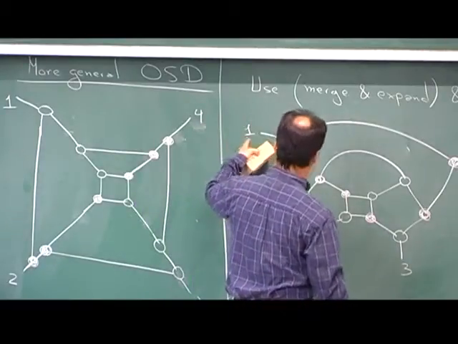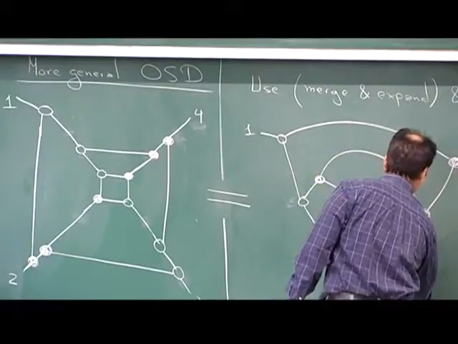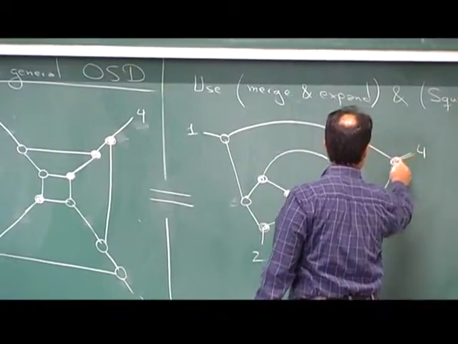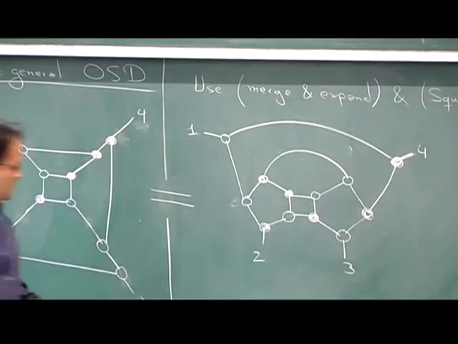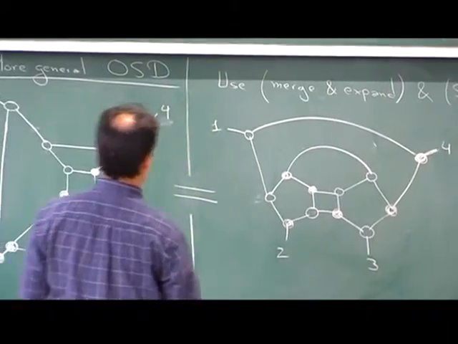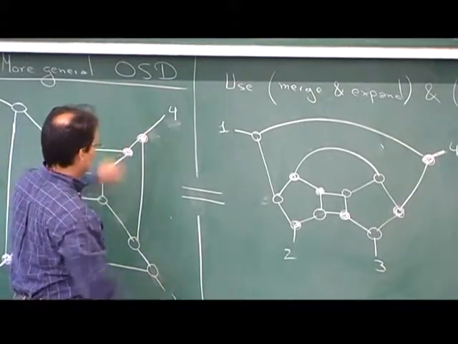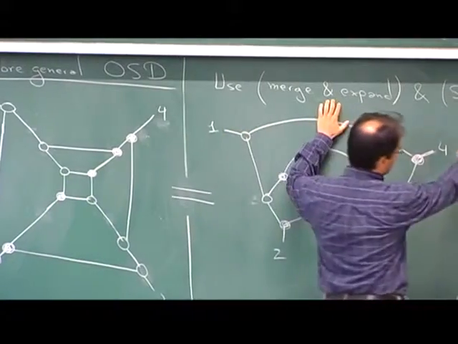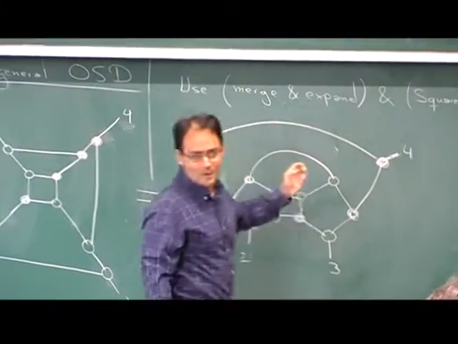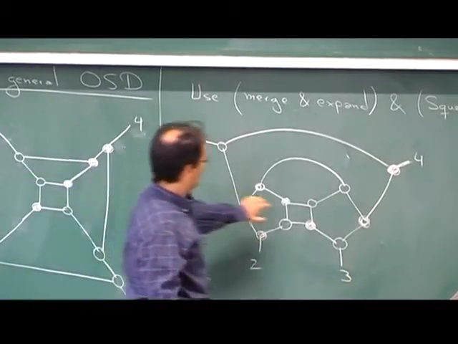So now this would be 1, 2, 3, and 4. Okay. Very good. So that's what I want you to try. Show that by merge and expand, by use of both operations, maybe many, many times, who knows, you can take this diagram into this diagram.